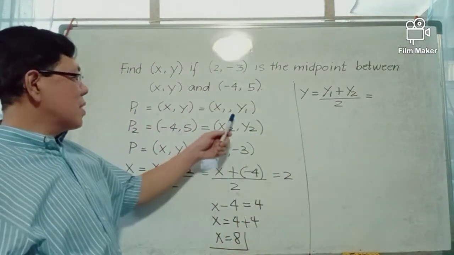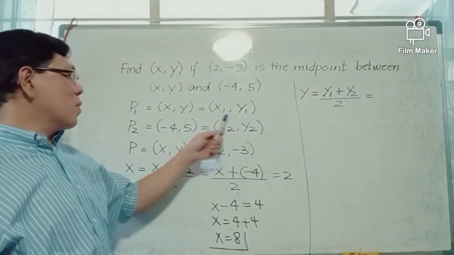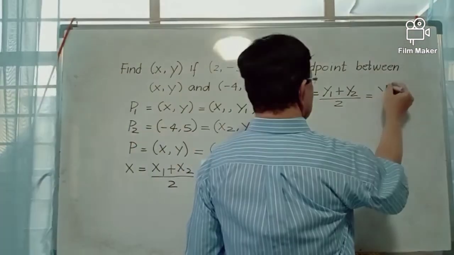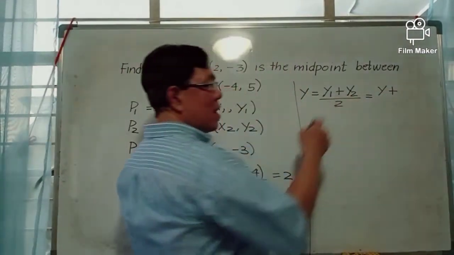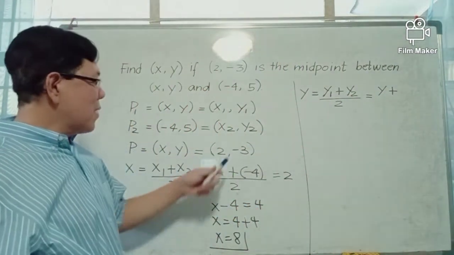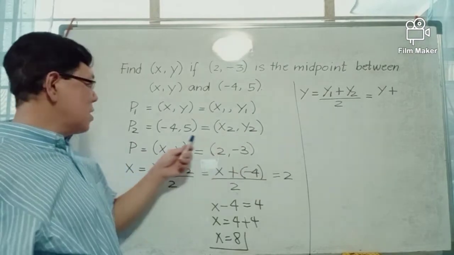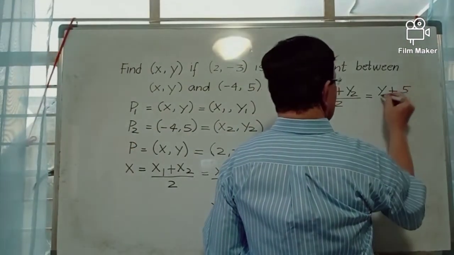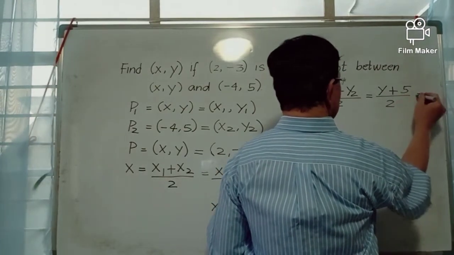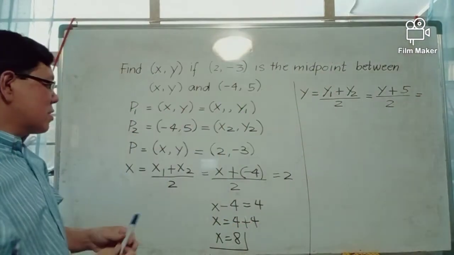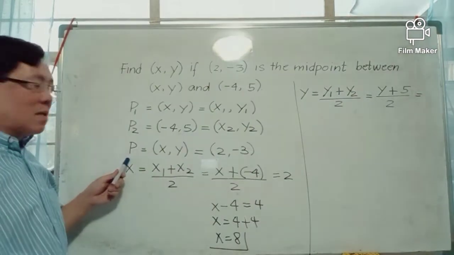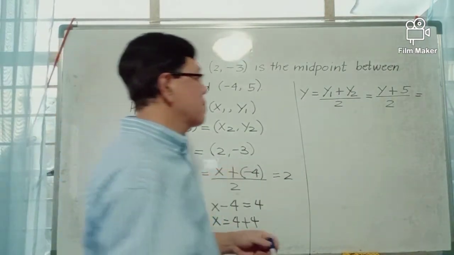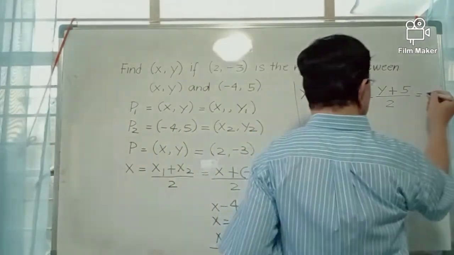Our first endpoint has ordinate y1 and y1 is equal to y, plus y2. The ordinate of our second endpoint y2 is equal to 5. And the sum is divided by 2. And we are given that the ordinate of the midpoint P between P1 and P2 is negative 3. So y is negative 3.